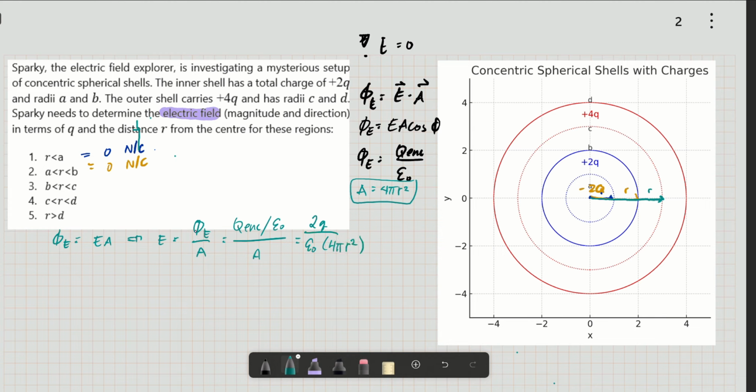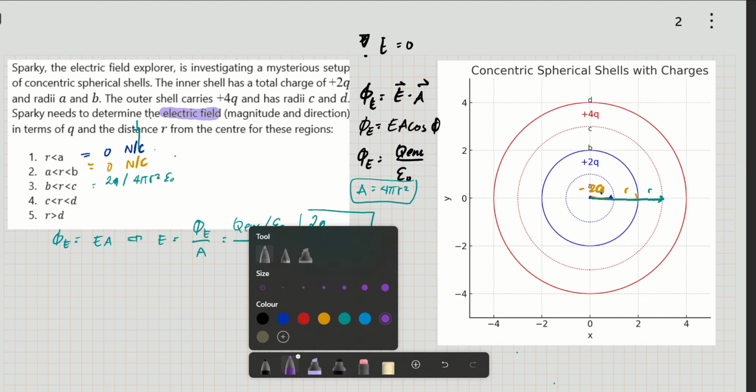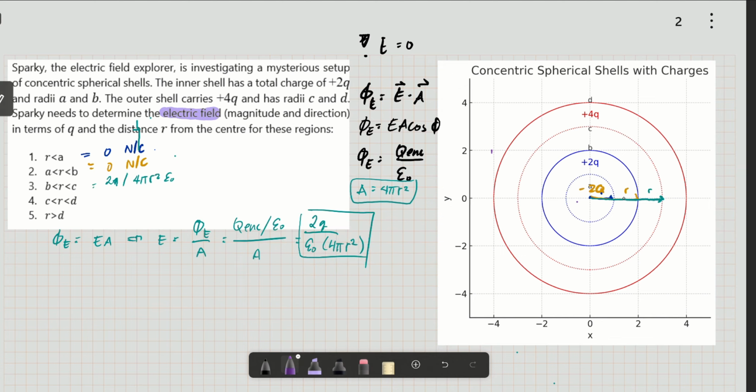We can therefore conclude that for number 3, your electric field is 2Q divided by epsilon naught 4 pi r squared. For number 4, it is c less than r less than d. That would be this way over here. It's going to be our r. Same is true with this one.